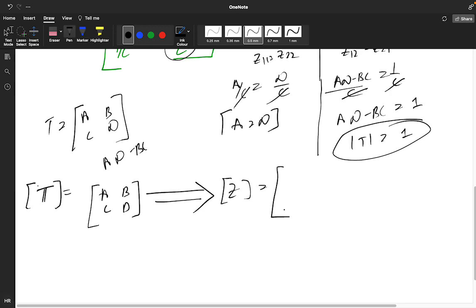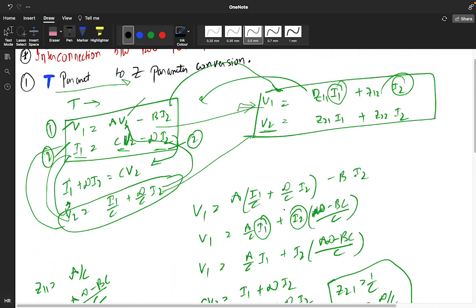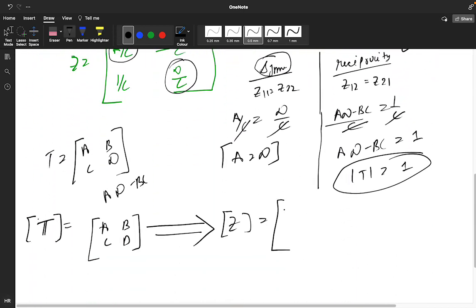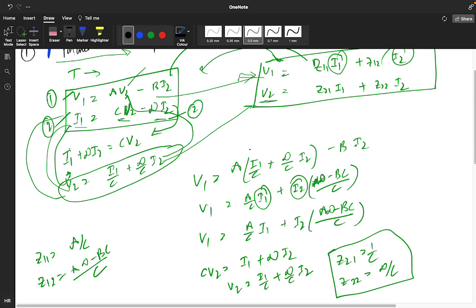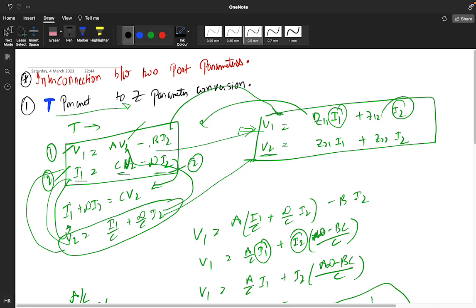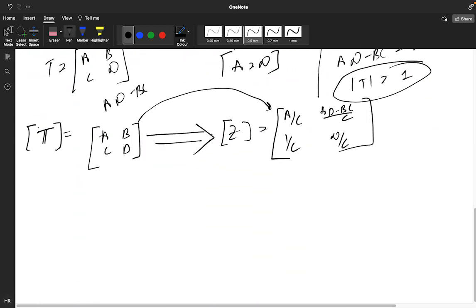By converting it, you get the equations: A by C, 1 by C, 1 by C, D by C, and AD minus BC upon C. In this process, V1 is equal to A V2 minus B I2, I1 is equal to C V2 minus D I2, and this is the equation of the Z parameter.